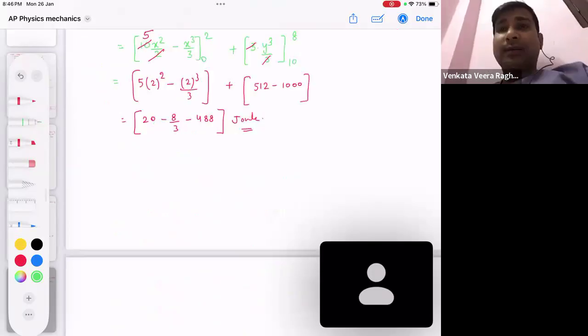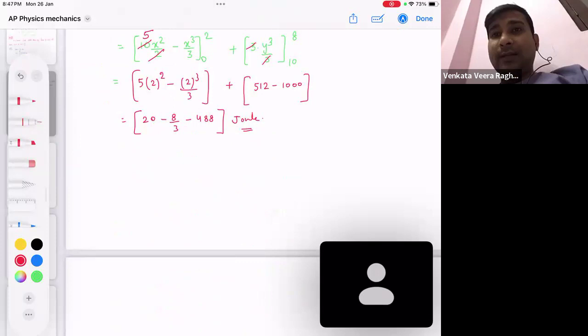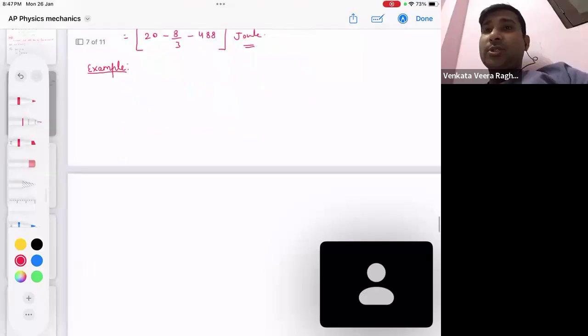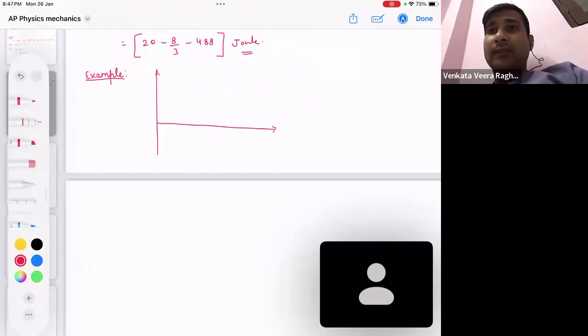Let's discuss one last example using the graphical method to calculate the work done. So in a graphical method, there is a question given that a graph is given between force versus displacement like this.